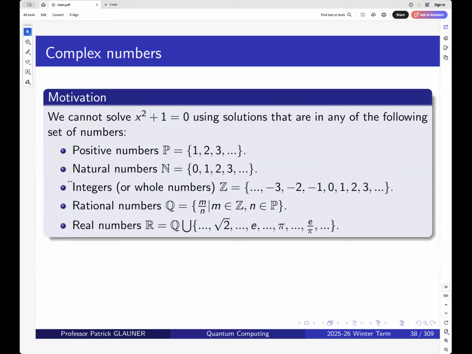With the sets of numbers you have seen so far, without complex numbers, you are unable to solve this, because whatever you plug in here, be it a positive number, a natural number, an integer or a real number, when you take x and you square it, since x is either positive or negative or 0, x squared is 0 or greater than 0. And then if you add 1 on top, you're unable to get to 0. So we are unable to solve this here.